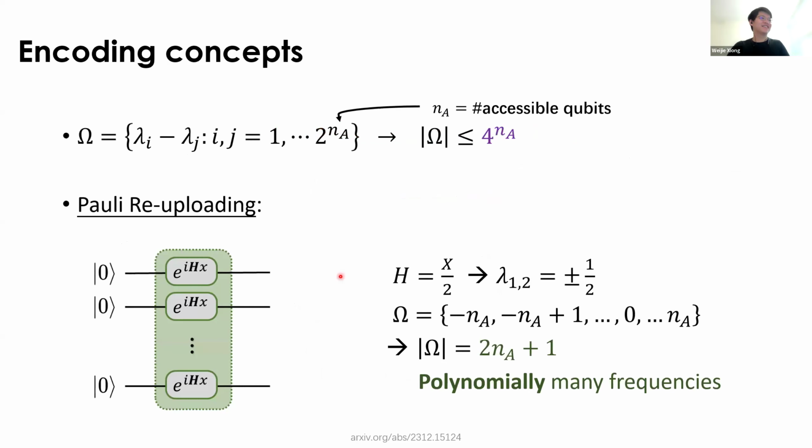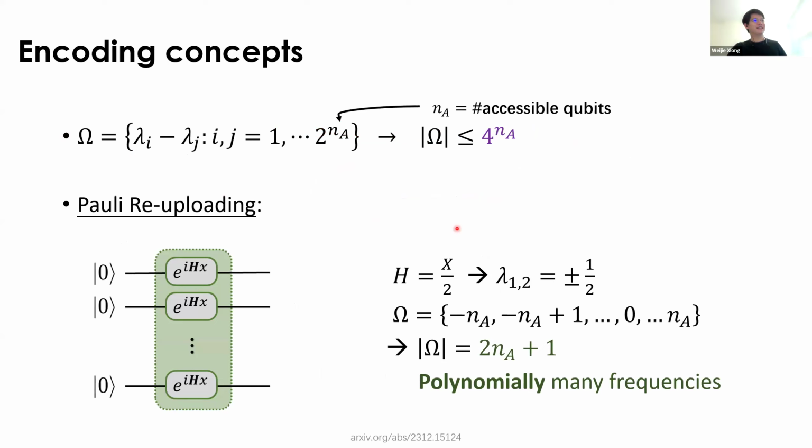Now we look into details of this upper bound. So first we consider the specific cases for the upper bound induced by the number of frequencies. We know that the achievable frequencies are fully determined by the encoding concept.